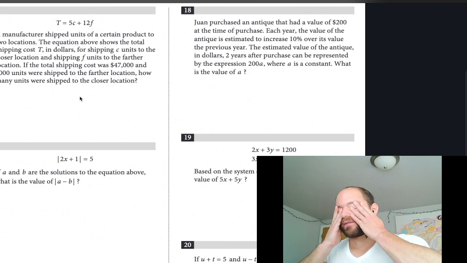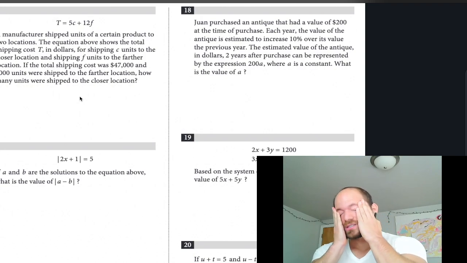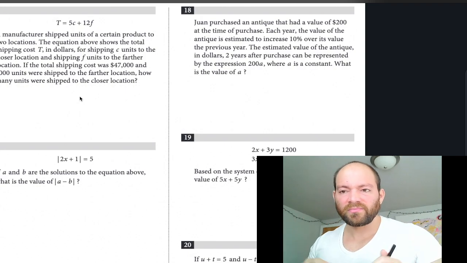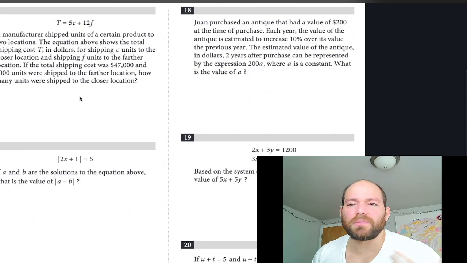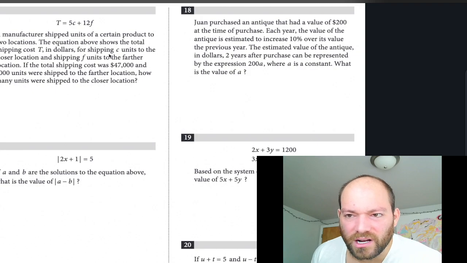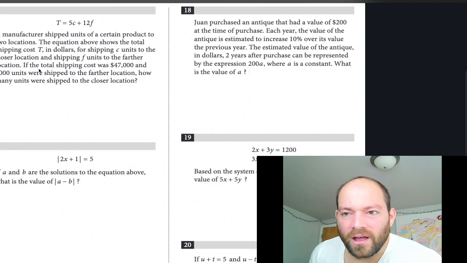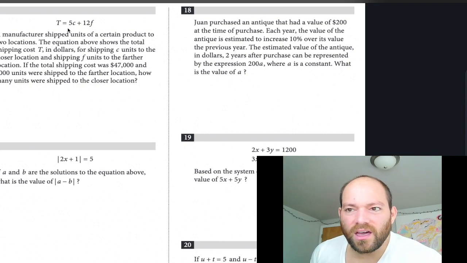Okay, they gave us a big wall of text. I wasn't really listening to any of it, but it's number 16. Easy mode. So it's just going to be plugging stuff into this equation. We just got to be careful about how it works here. They said that the total shipping cost is, of course, T. All the letters line up here, right? Closer is C, farther is F. They told us that the total was 47,000 and then 3,000 were the farther.